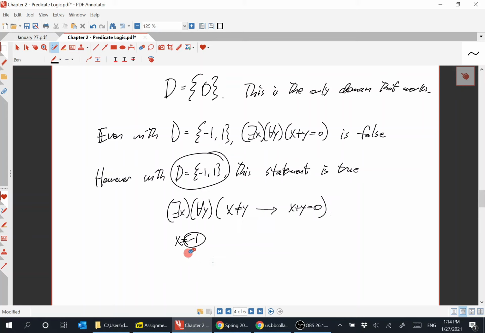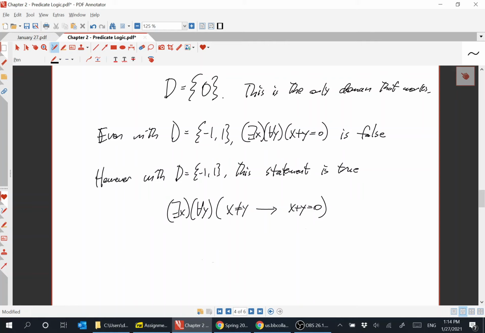Okay? Again, the vacuous statement, but that was x equal to -1. What about x equal to 1? Would that work too? Would that give you the same outcome? Would it still be true for x equal to +1? This is the same kind of analysis.